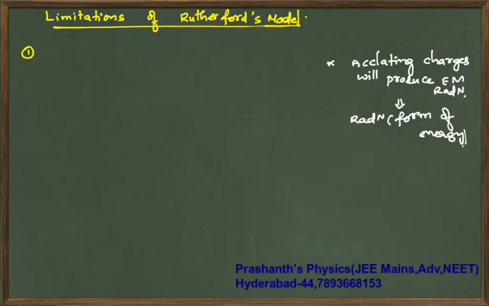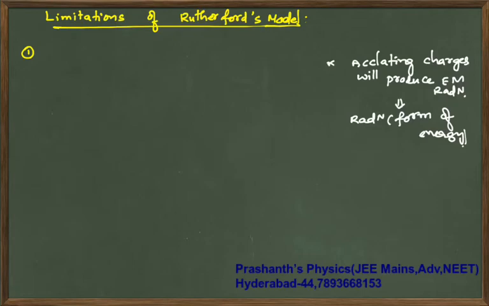Rutherford said it is going around the nucleus, fine, everybody accepted it, but according to electromagnetic wave theory, this electron going around the nucleus in circles is producing electromagnetic radiation, so that energy will be lost.